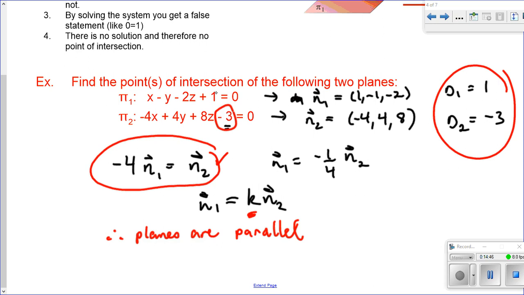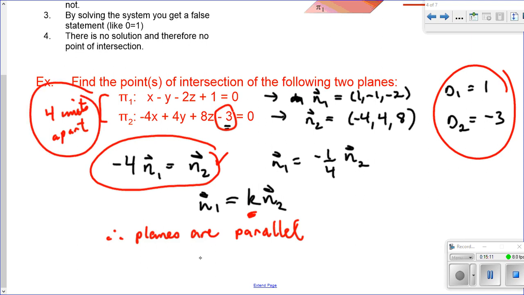The better way to say it is that these two planes are 4 units apart. I know they're parallel, and this one has a +1 and this one has a -3, so the difference is 1 unit in one direction and 3 units in the other, so 4 units apart.